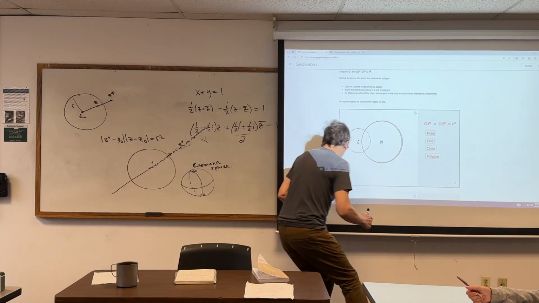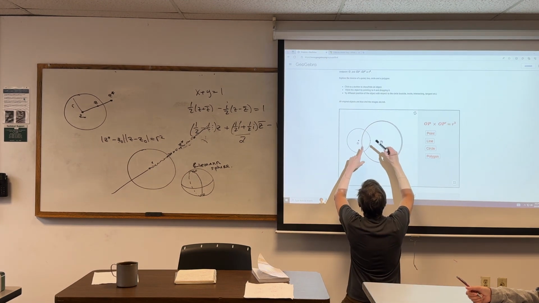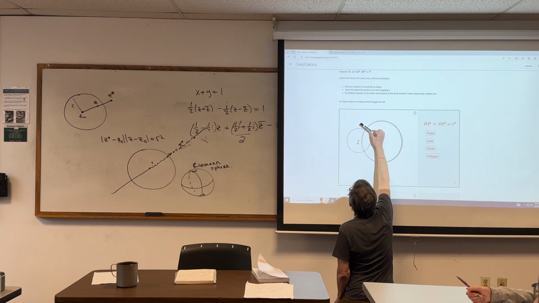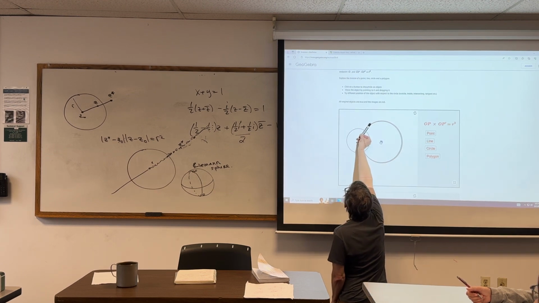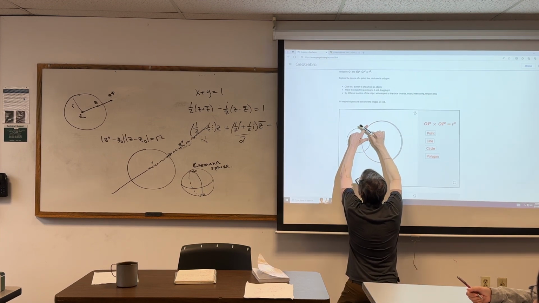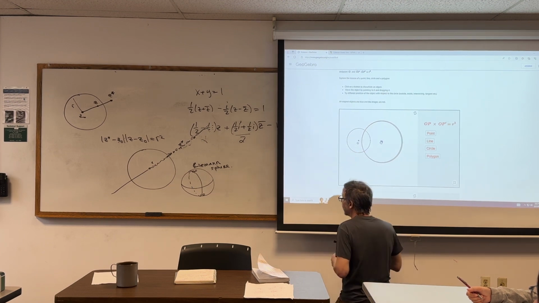One of the things we're going to talk about today, hopefully, and certainly, if not today, by Monday, think about the tangent lines where these two are intersecting. So you've got that, and you've got that. And those tangents are perpendicular to each other. These are perpendicular to each other down here.